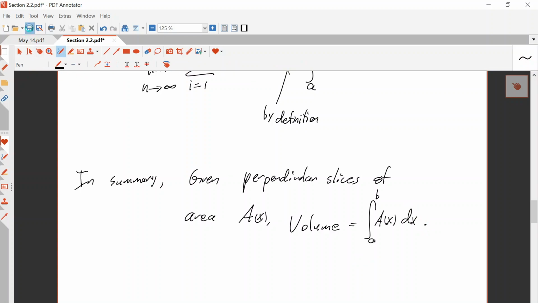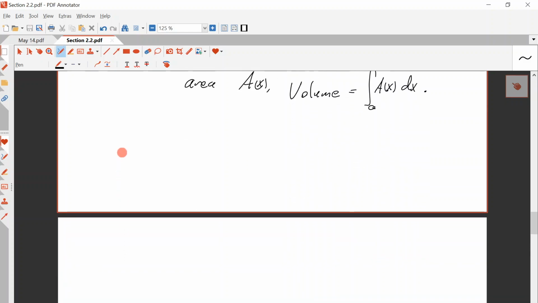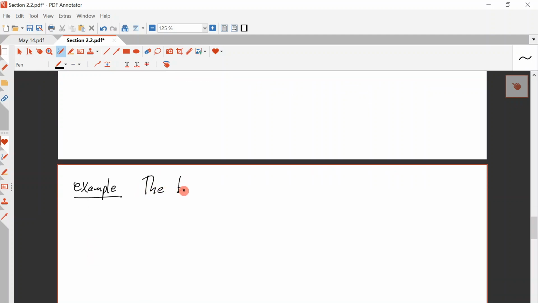All right. So let's take an example. The base of a solid is a circle of radius 3.